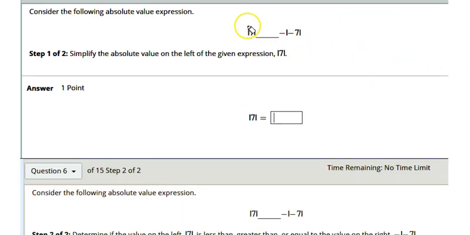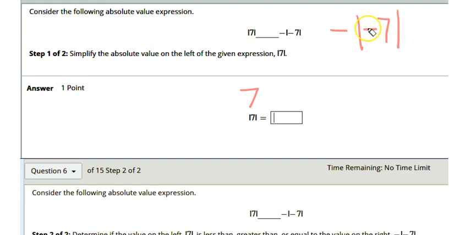Now I saw that some of the people who had taken this test earlier had this one incorrect, because what you need to do first is find what is the absolute value of 7. The absolute value of 7 is 7. Now later they're going to ask us what's the relationship now between this 7 here and then the negative value of the absolute value of negative 7.